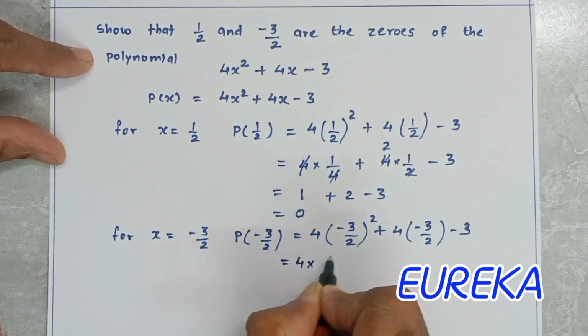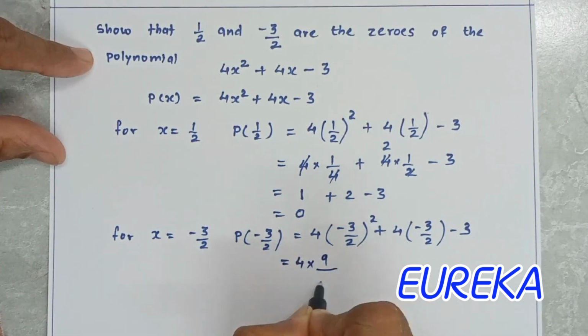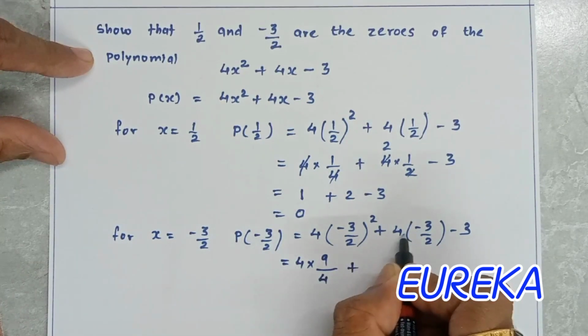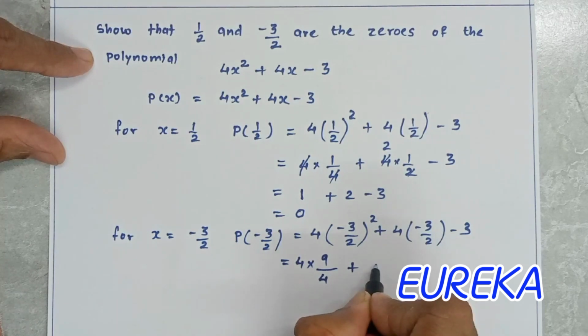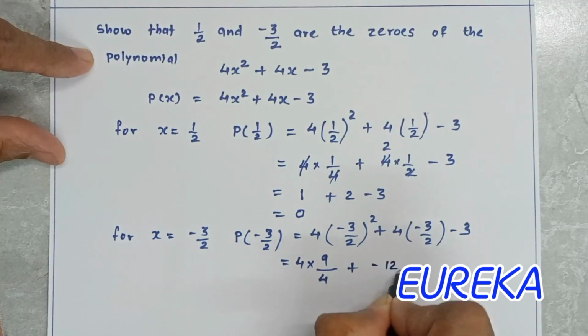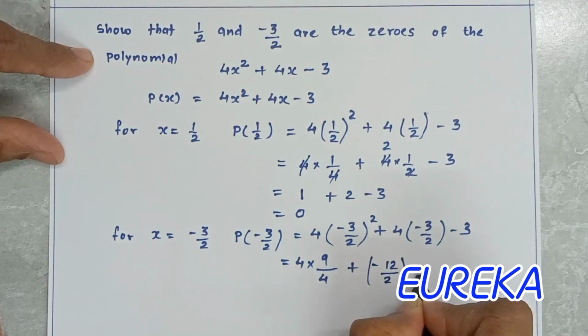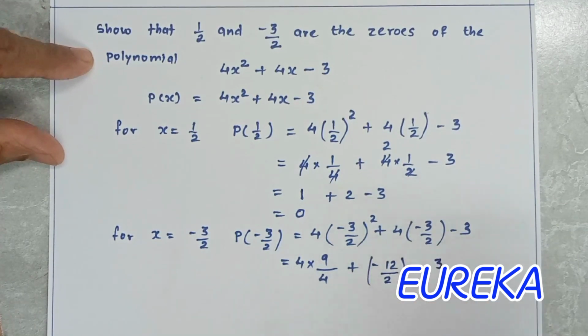So what will we get here? 4 into 9 by 4, since 3 square is 9 and 2 square is 4, plus here 4 into minus 3, so we get minus 12 by 2. Because there is a minus sign, we put it in a bracket, and then minus 3.